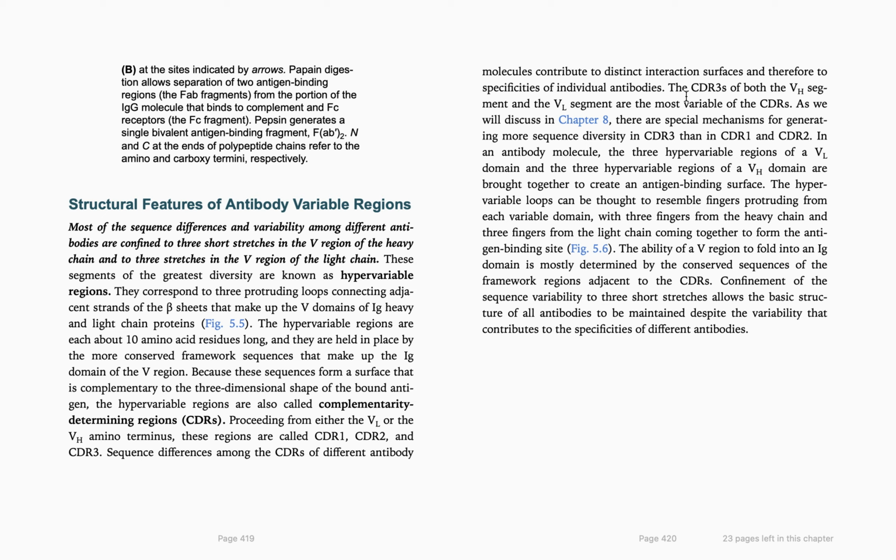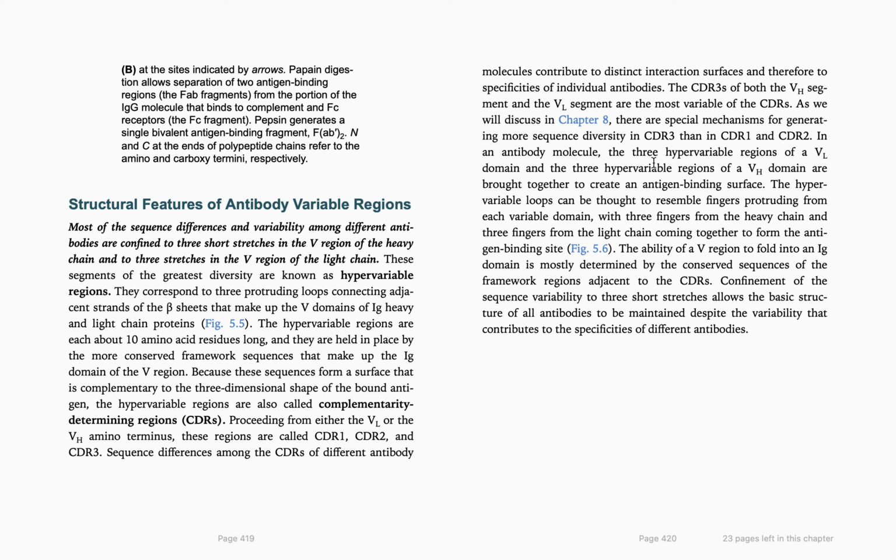of individual antibodies. The complementarity determining region 3s of both the variable heavy chain segment and variable light chain segment are the most variable of the complementarity determining regions. As we will discuss in Chapter 8, there are special mechanisms for generating more sequence diversity in complementarity determining region 3 than in complementarity determining regions 1 and 2.